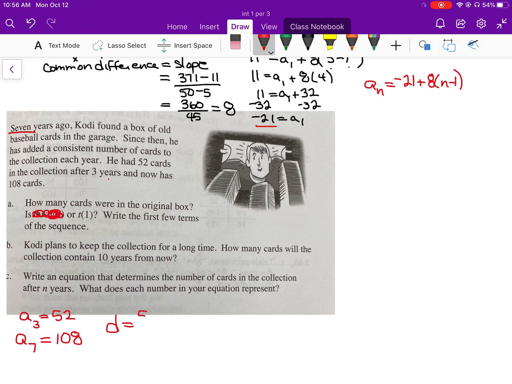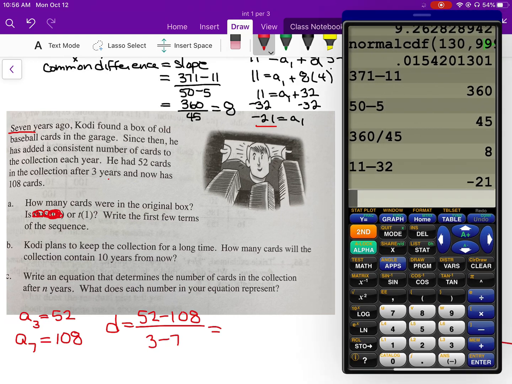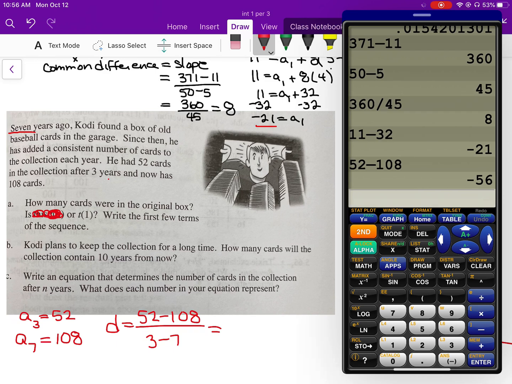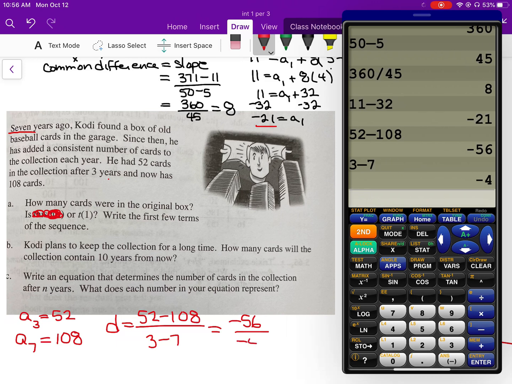I'm going to do 52 minus 108 divided by 3 minus 7. 52 minus 108 is negative 56, divided by 3 minus 7, which is negative 4. Negative 56 divided by negative 4 is 14. So D is equal to 14.